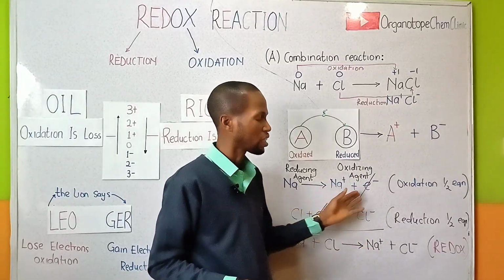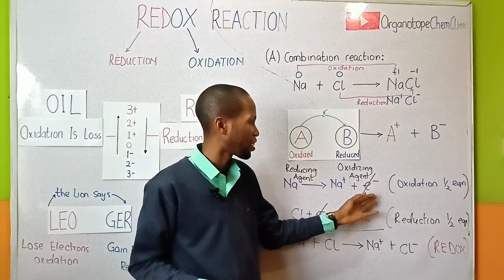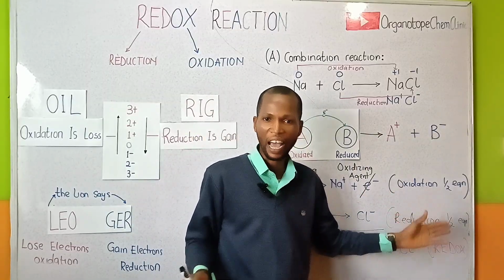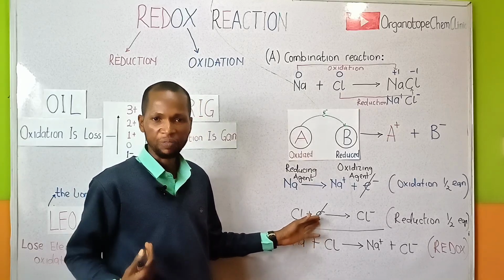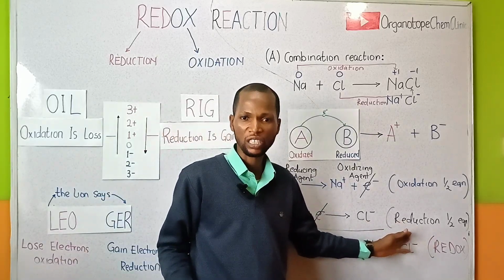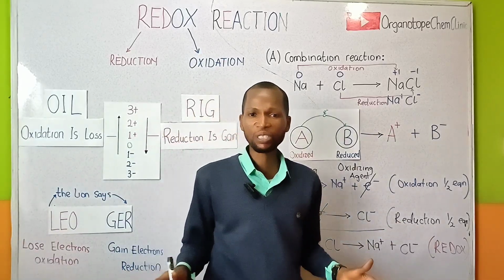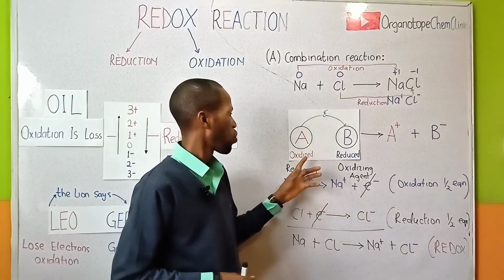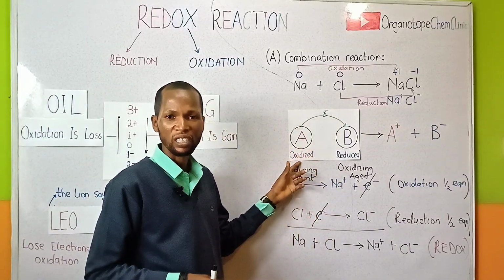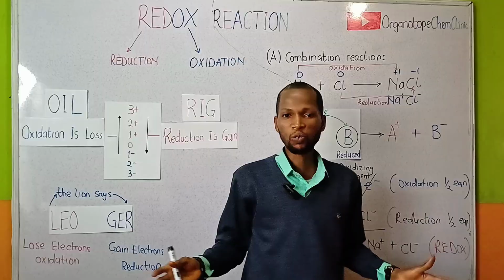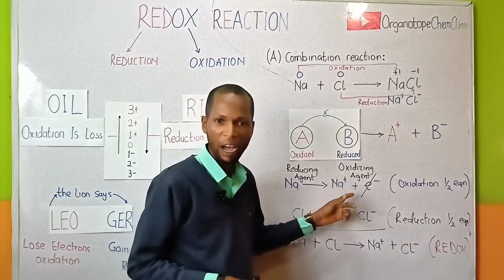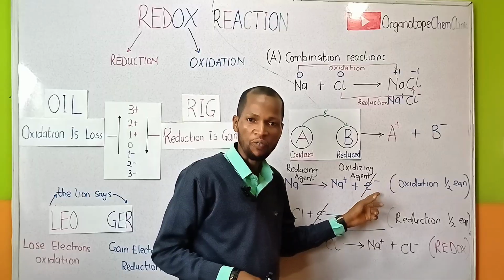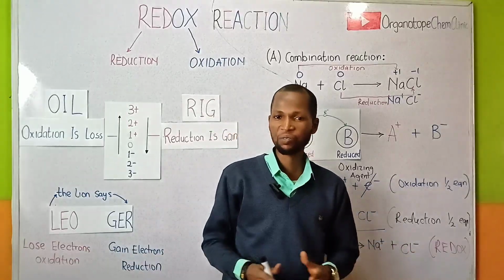Also, electron is found on the right hand side of an oxidation half equation, while electron is found on the left hand side of a reduction half equation. In chemistry exams, they love to ask which element is oxidized or reduced. So to answer such a question, always check the oxidation number and the movement of electrons. That is the secret key.